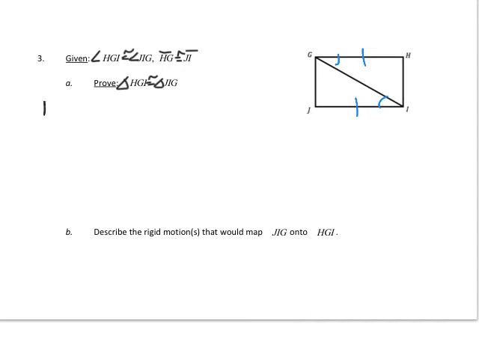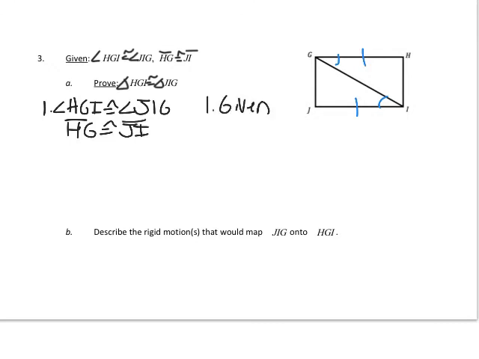So I write my given: angle HGI is congruent to angle JIG, and HG is congruent to JI. That's given. We always write down our given. Well, again, I need to get side angle side. So if you look at this, once again, I have side and angle, and the side I need to get is the shared side, GI.